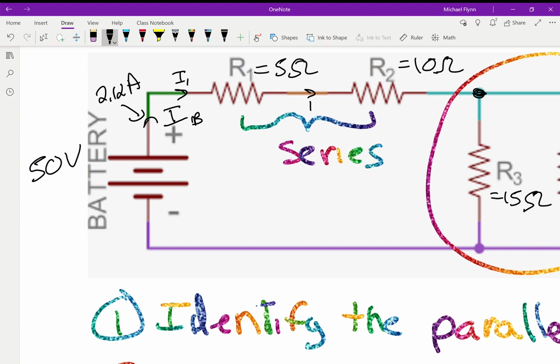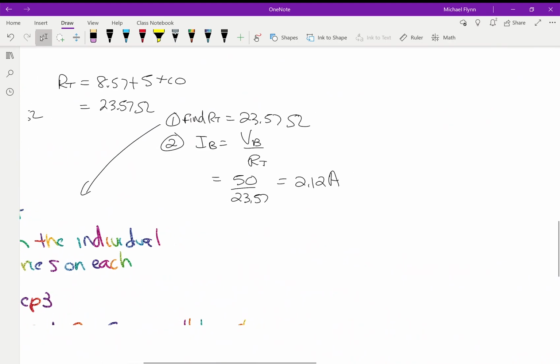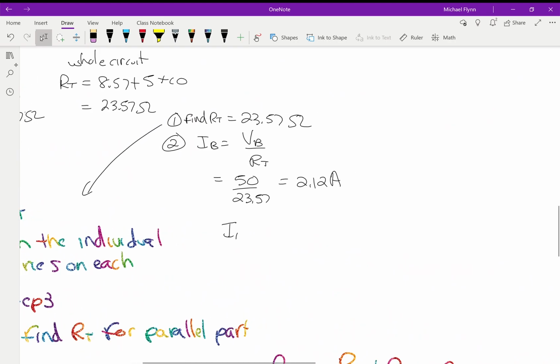It also has to be I2 going into the second resistor because it's the same single path. So I1 and I2, we just found out what they are. I1 equals I2 equals 2.12 amps.